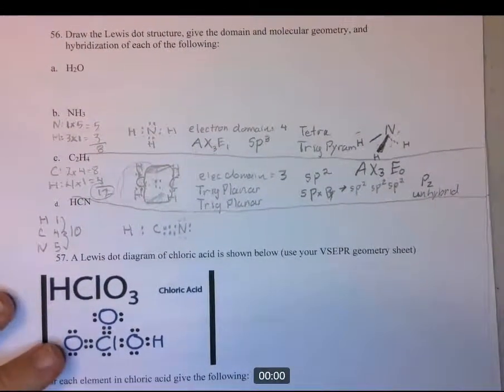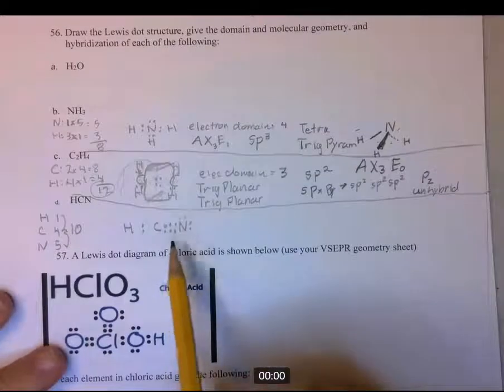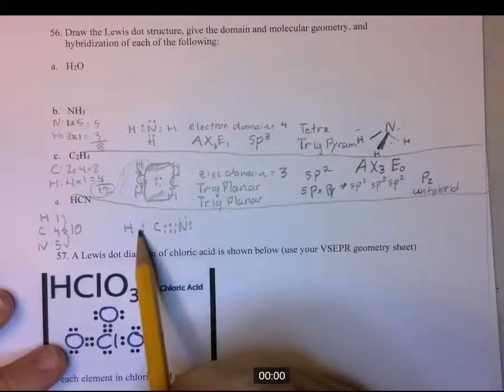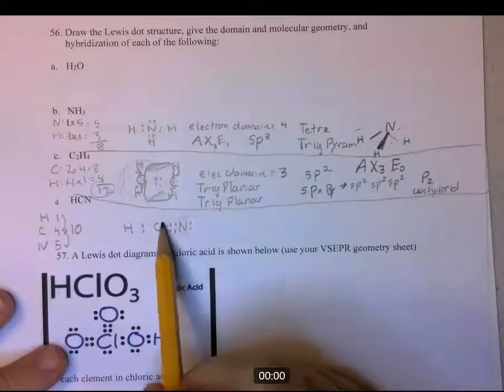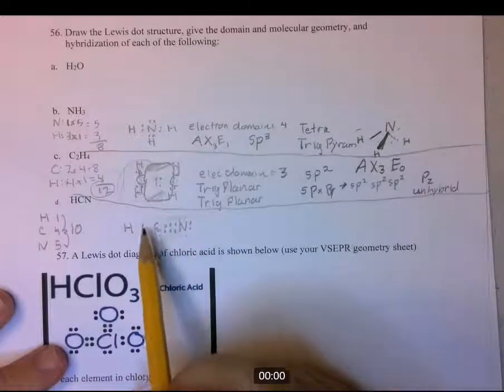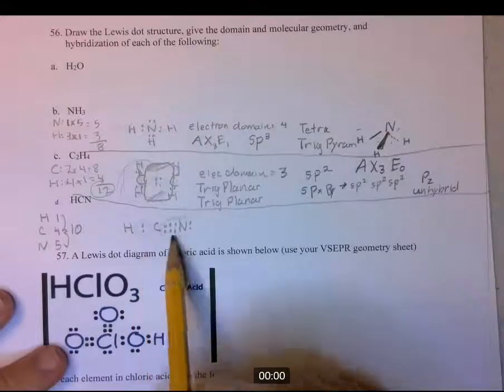That's hydrogen cyanide. And so how many electron domains? Again, for the geometry, you're only concerned with the central atom there. And so it has one electron domain there, the triple bond, and one electron domain there, the single bond. And that's 2 electron domains.